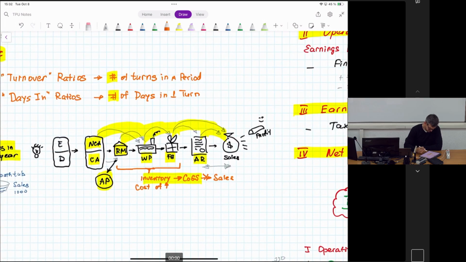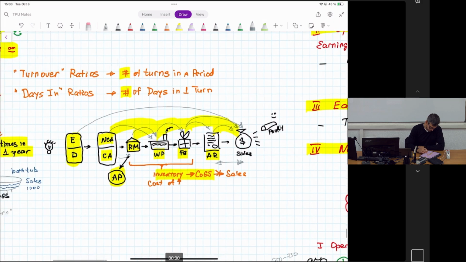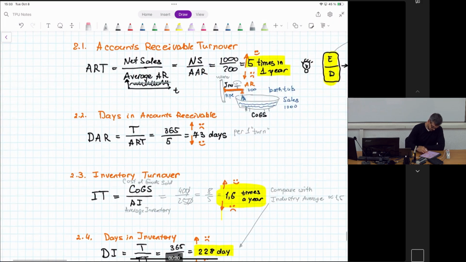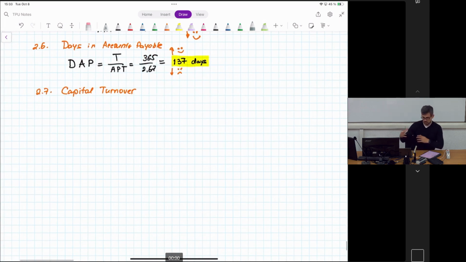In this context, we focus on our capital, which is our equity and debt. We want to see how well we can convert our capital over into sales. So the capital turnover ratio is connected with our ability to turn equity and debt over into sales.